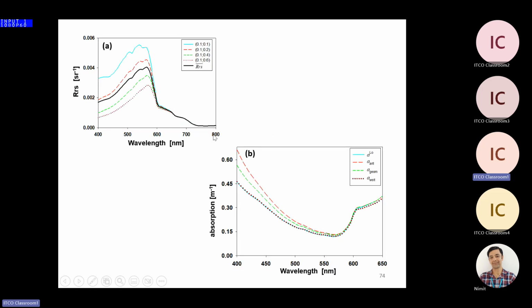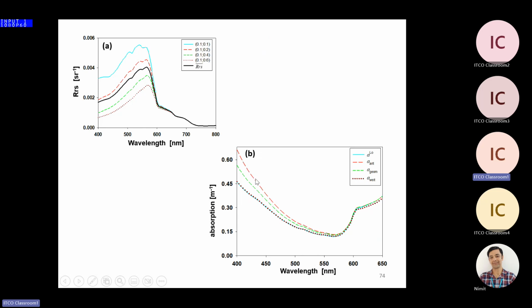So here, basically showing examples. We have 4 Rrs spectra: this green, this red, this cyan color. This black is basically the average of these 4 Rrs, which have the same backscattering coefficient but different absorption coefficients. Here this sign is the retrieved a of total absorption from this black Rrs.